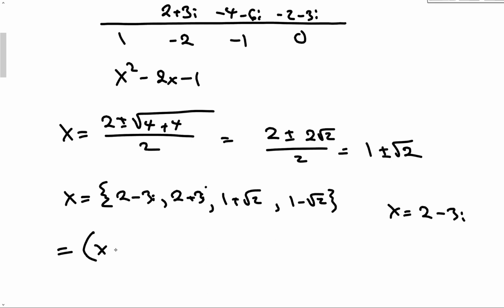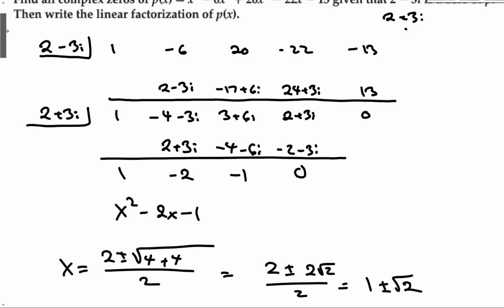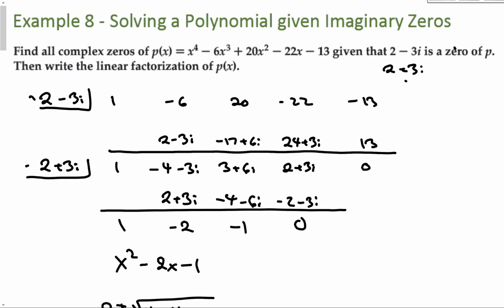So it turns into x minus 2 plus 3i, x minus 2 minus 3i, x minus 1 minus radical 2, and x minus 1 plus radical 2. And that is my linear factorization of my function after having divided out 2 sets of imaginary numbers. Okay? This problem is more complicated than some of the other ones.